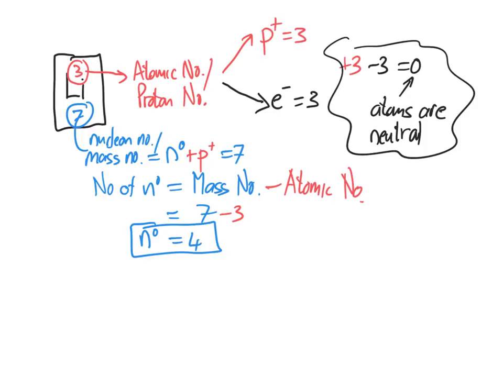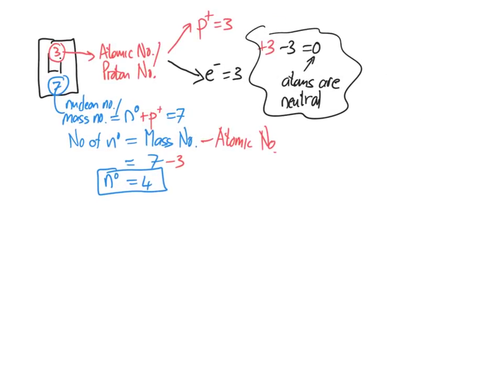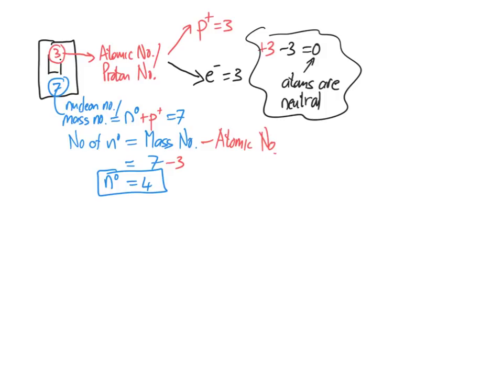So let's draw the Bohr model representation of the lithium atom. So in this nucleus, we have 3 protons, and I'm just going to represent the protons as circles with positives in them. And there are 4 neutrons, and I'm just going to represent them with zeros in them.